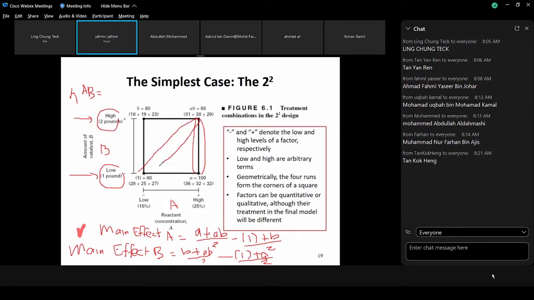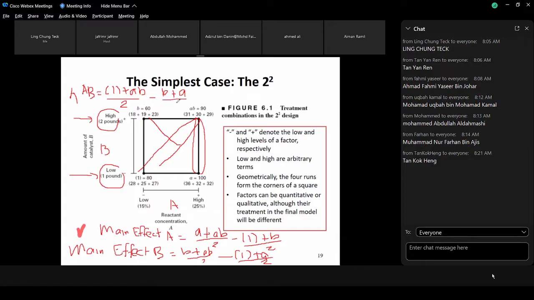What does diagonal mean? 1 plus AB, divided by 2, the average of the two, minus this other diagonal, that means B plus A. Remember this diagonal, B plus A, divided by 2.